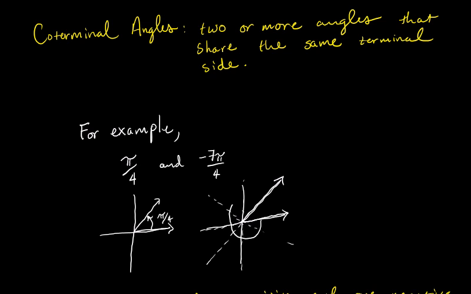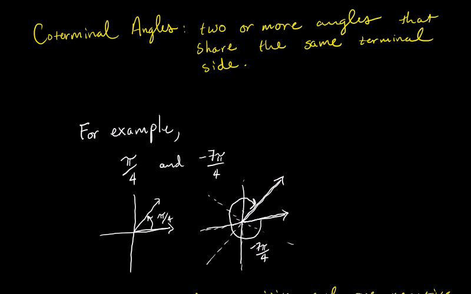Though we're going this direction, that is where it would end up. And so there's negative 7 pi fourths. So they have the same terminal side. They're different angles, but they end in the same spot. And so that is coterminal angles in radians.